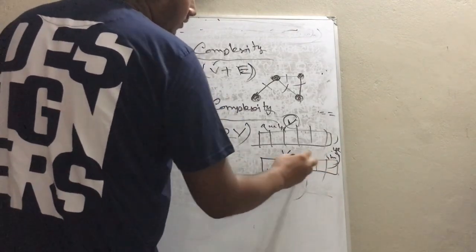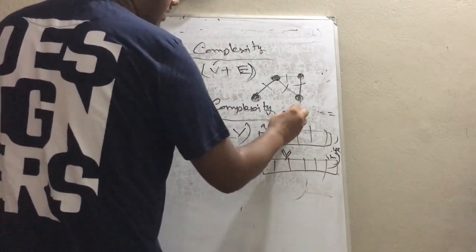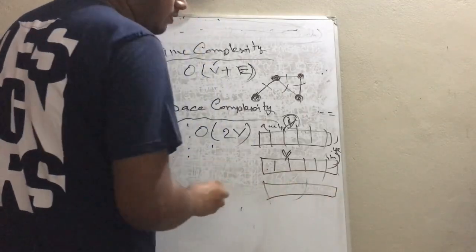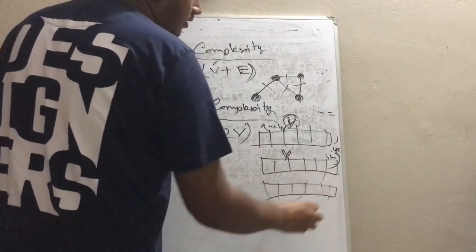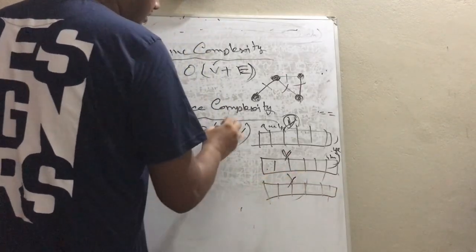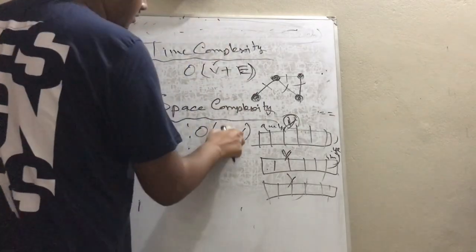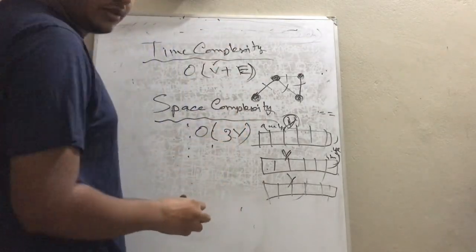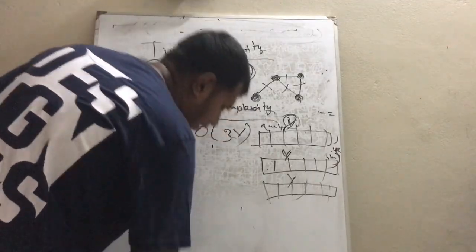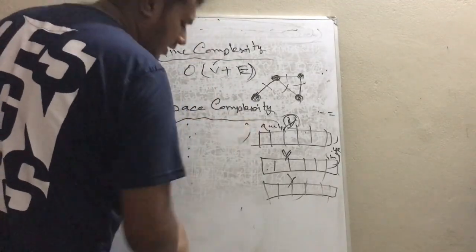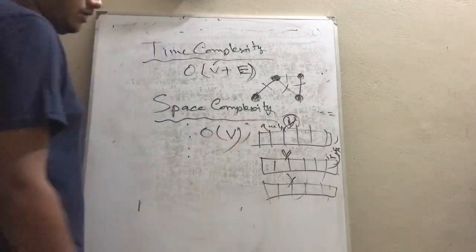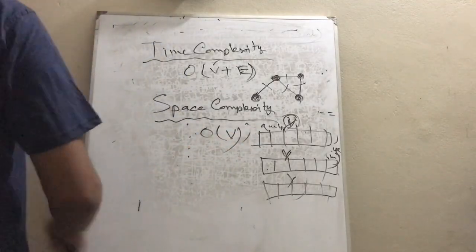And if we also consider the result array, then this will be V. Then we can consider 3V. But as 3 is a constant, we simply say big O of V. This is the space complexity.